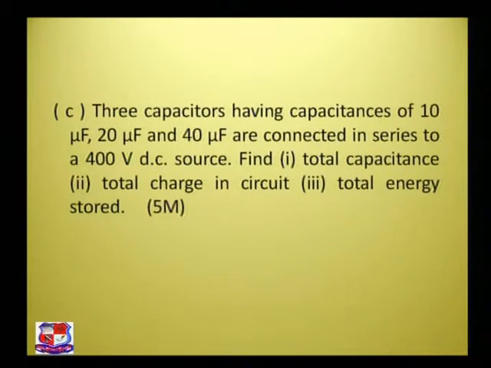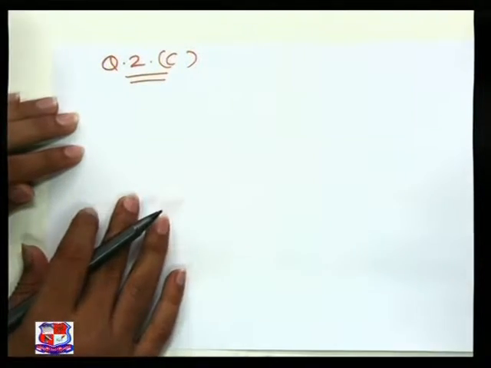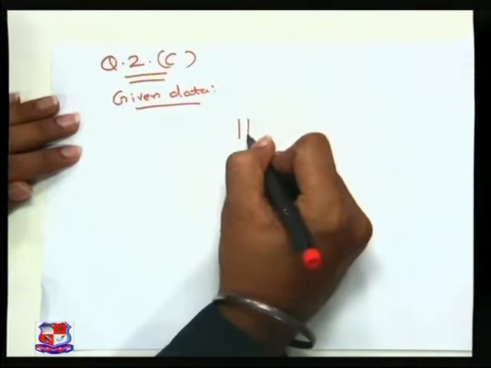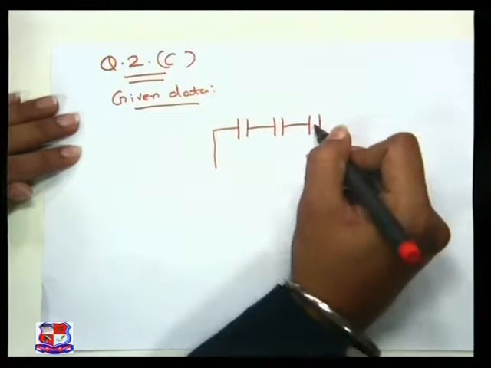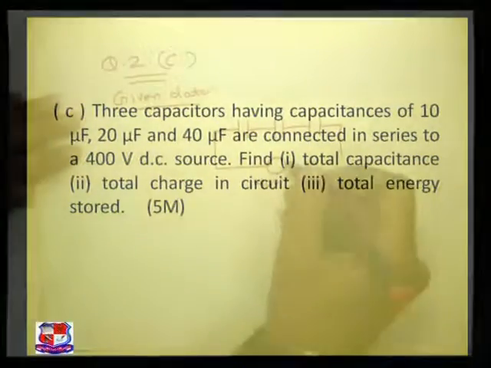Okay, question 2c, given data. Whenever you write in this way, it gives a good impression to the examiner that the student knows how to proceed for a given example. Three capacitors are connected in series, so this is my first capacitor, this is my second capacitor, this is my third capacitor, and this is connected across a 400 volt DC source.